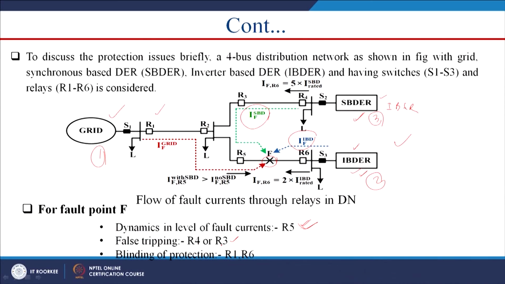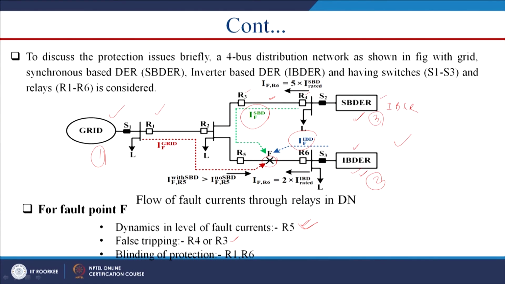Now, coming to the second point, fault stripping is seen by R4 and R3. R4 is here and R3 is here, because this fault is present here, whereas this line section is a healthy section. However, due to the contribution of this fault current, R4 and R3 may trip if they are not directional in nature.